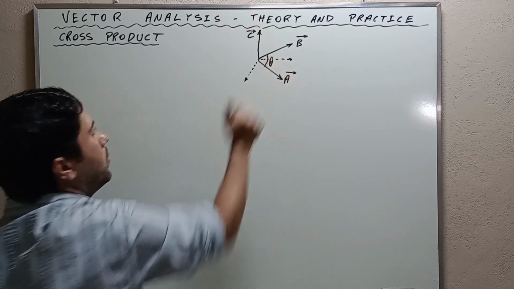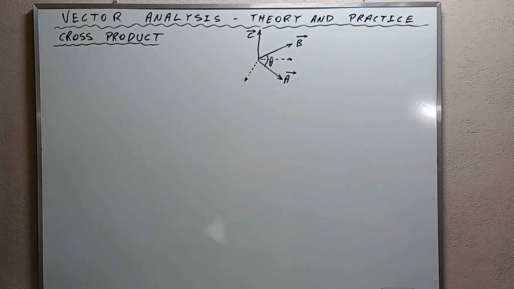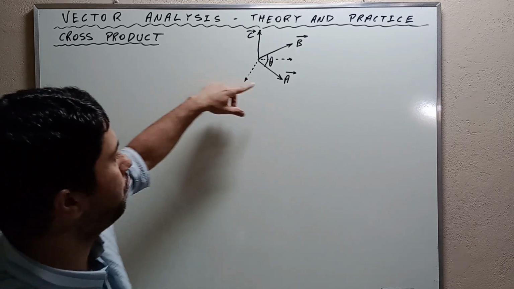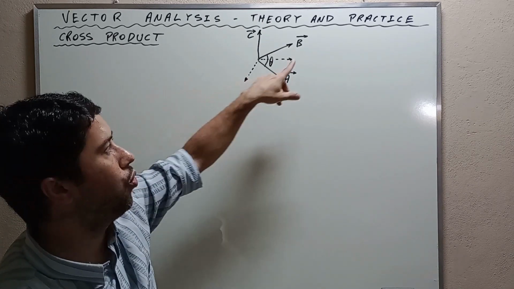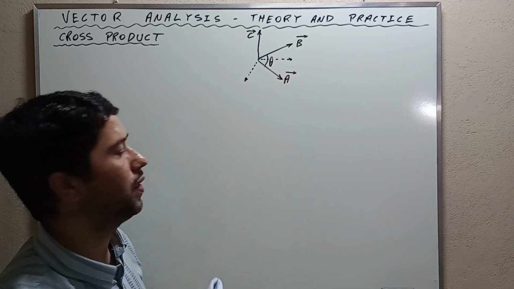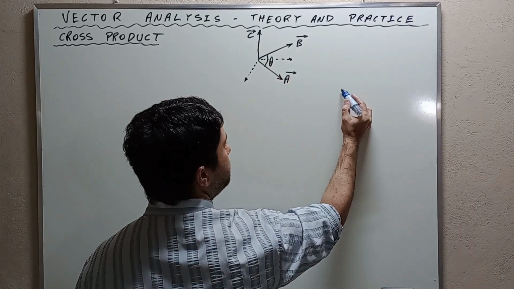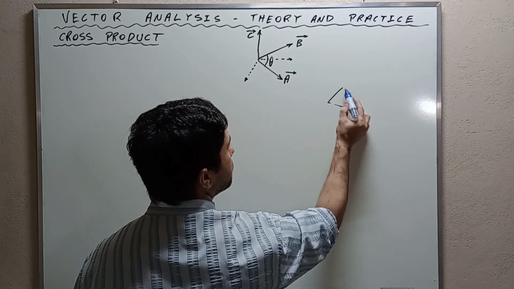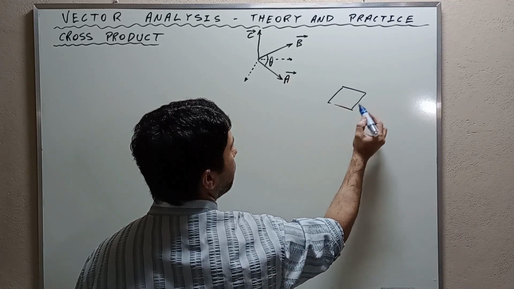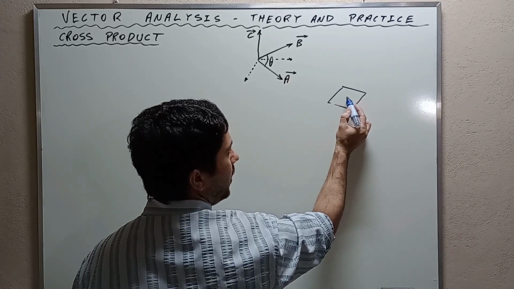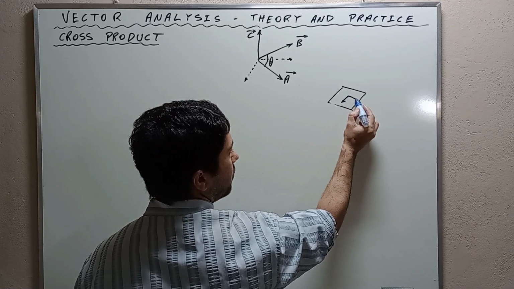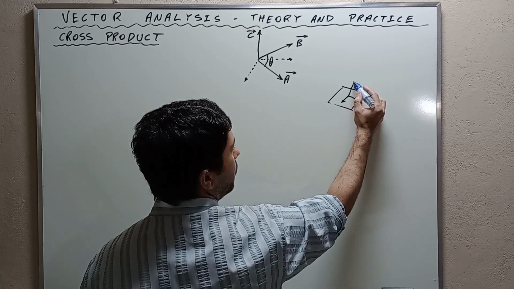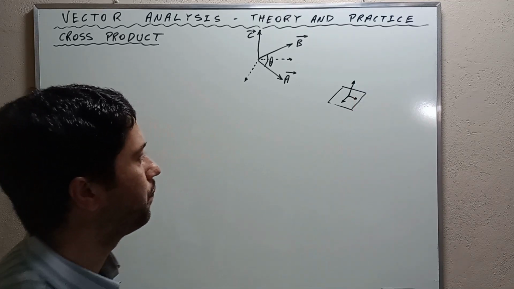then C will be, if the plane containing A and B is the XY plane, okay? The XY plane here, then if X is this and Y is this, Z is going to be this, okay?